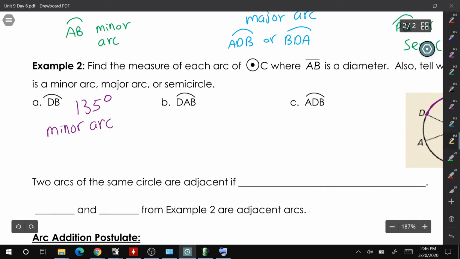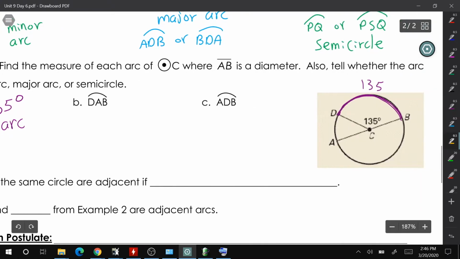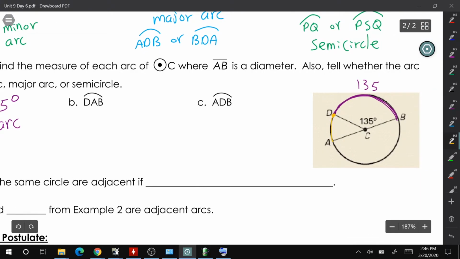Now, arc DAB. Okay, well, that's going to be the 180 because this part from A to B is 180.